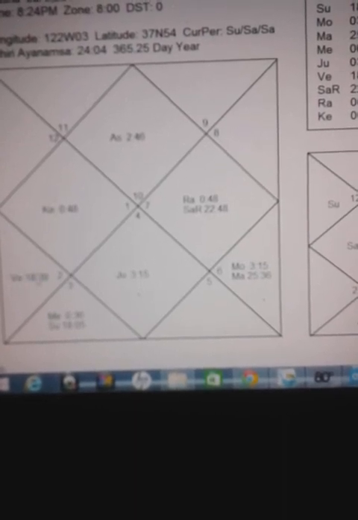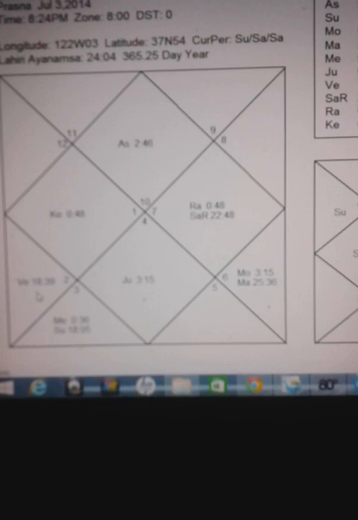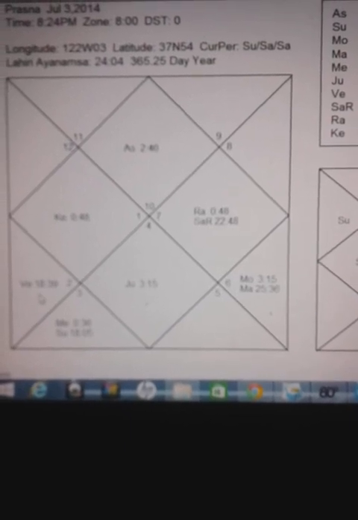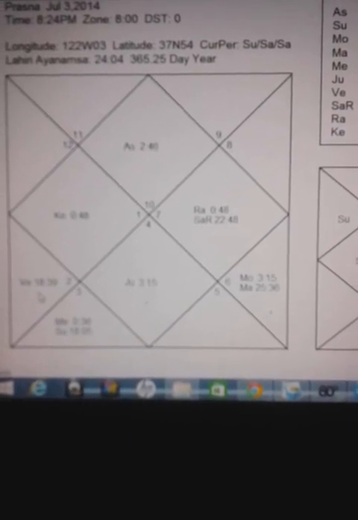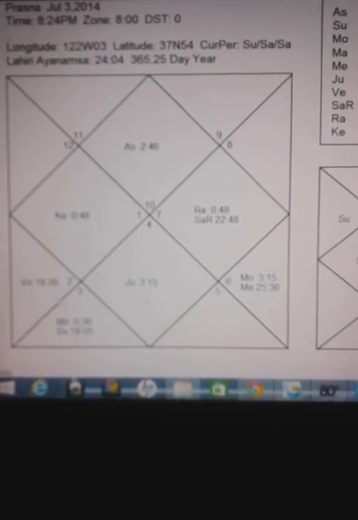So as you can see here, Venus, which is 18.39, has moved 18.39 degrees out of the 30 degrees at that particular time, place, and date. So you'll be able to figure out how many degrees a planet has progressed into that particular zodiac.